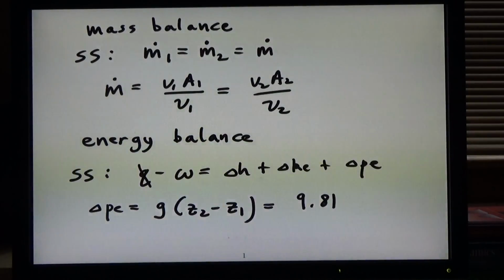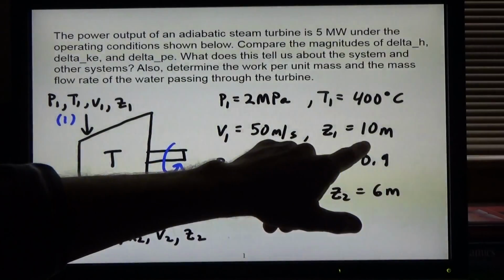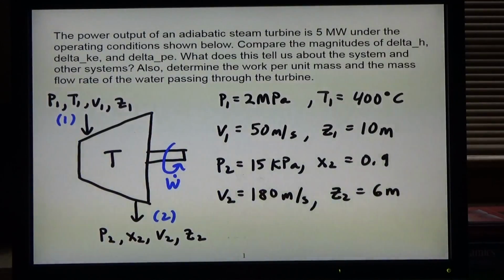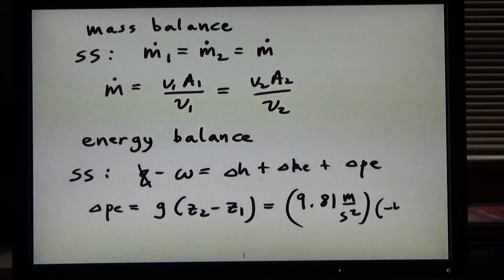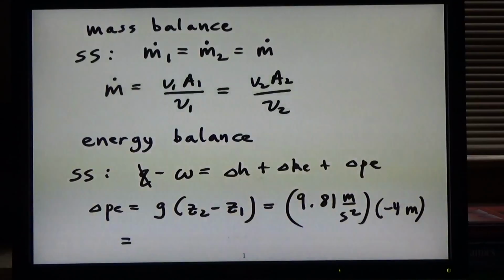We have 9.81 meters per second squared times Z2 minus Z1. Z2 is given as 6 meters, Z1 is given as 10 meters, so we have a negative 4 meter difference between Z2 and Z1. So this turns out to be negative 4 times 9.81, and then we have meters squared per second squared.